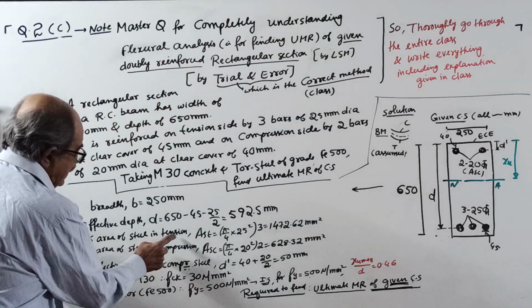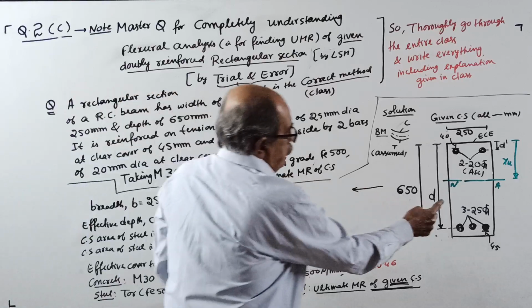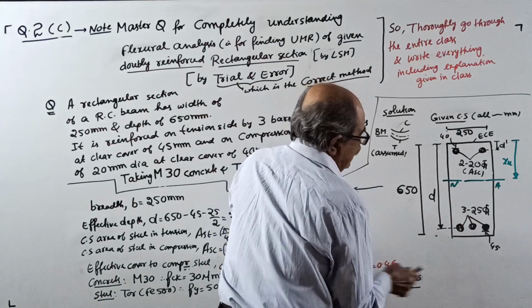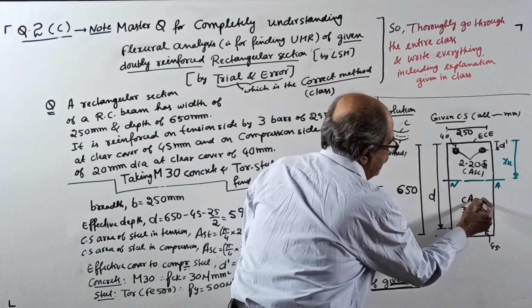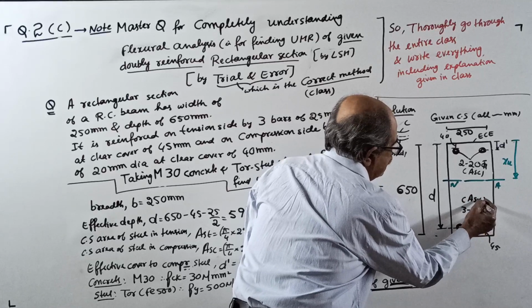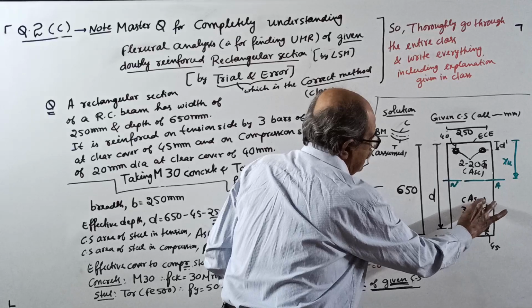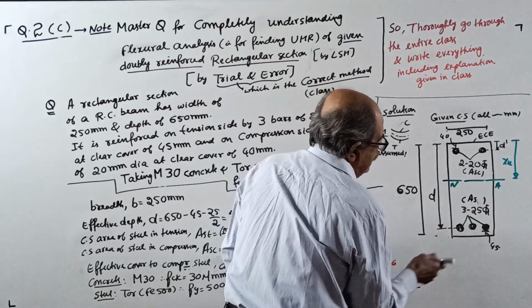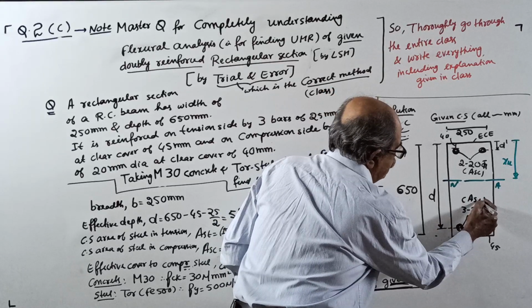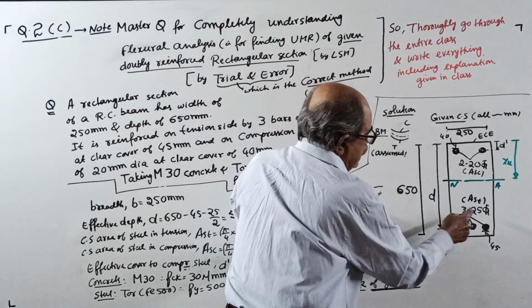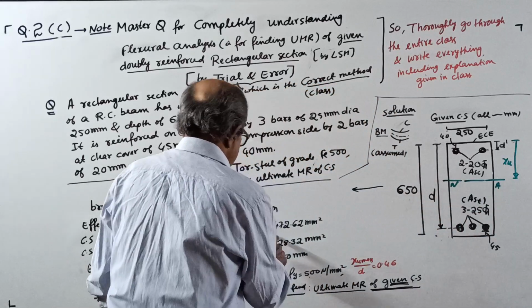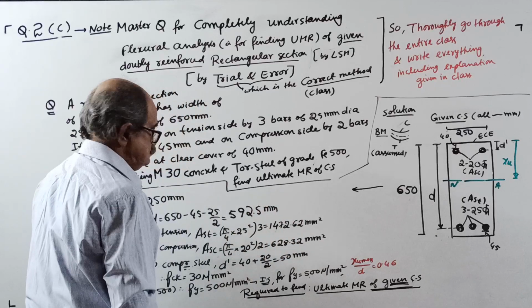Cross-sectional area of steel in tension, AST: pi by 4 of 25 square into 3 is AST 1472.62 mm square.